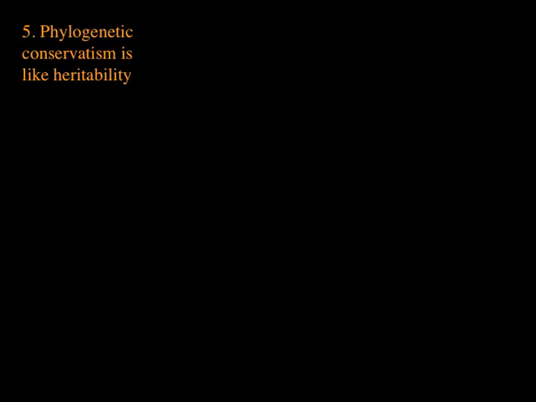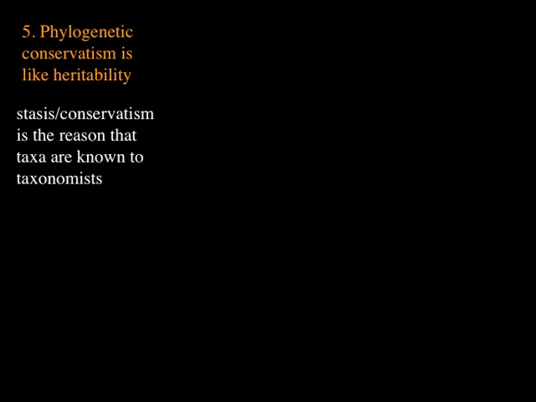So now whenever there's a mutation that upsets that arrangement, it's selected against. There's stabilizing selection to maintain it. So stasis at the species level, or conservatism more generally, is the reason that taxa are known to taxonomists. It's the reason why taxonomists can characterize families and orders and classes and so on.